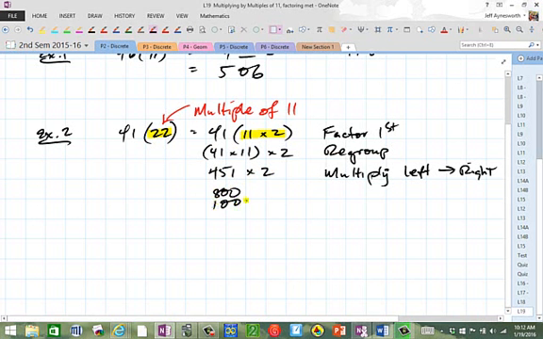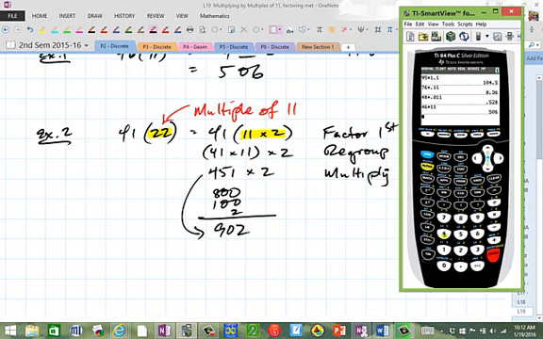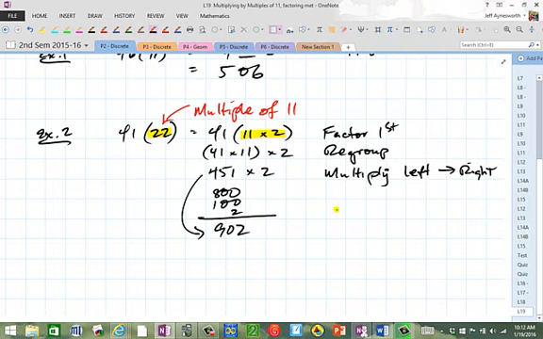So the answer is 902. Let's verify. 41 times 22, there we go, you get 902. So what you have to do is factor in your mind, multiply 41 by 11 in your mind, and then double it. That's how you handle multiples of 11 real quickly.